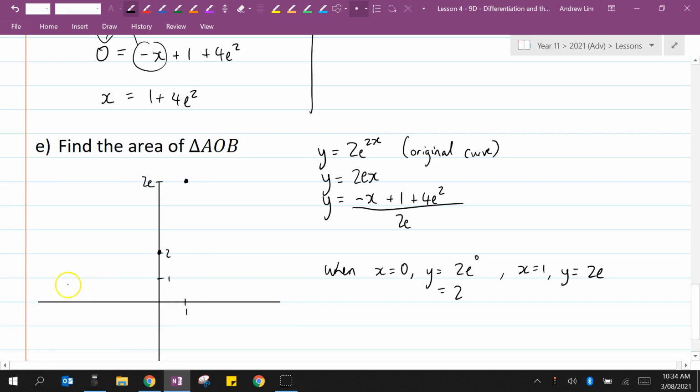Okay, so we know that the graph is going to look something like this. We know that the tangent at 1, 2e, let's do that in red, goes through the origin. So let's say it goes through there. That's our tangent.